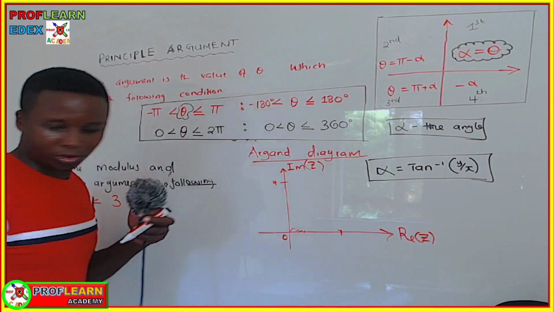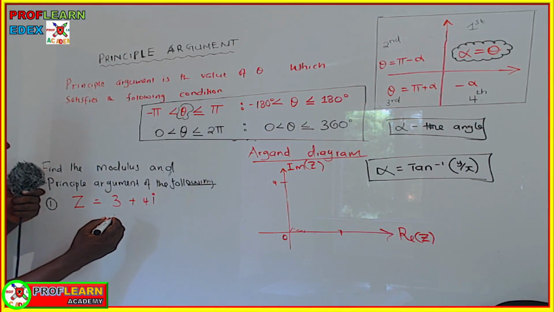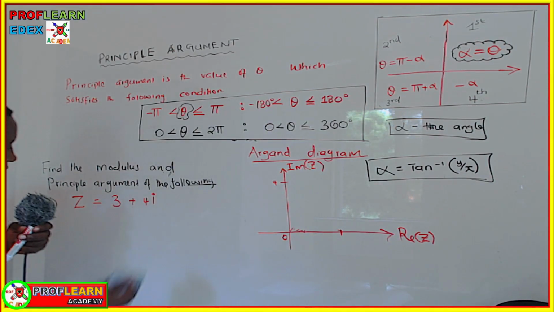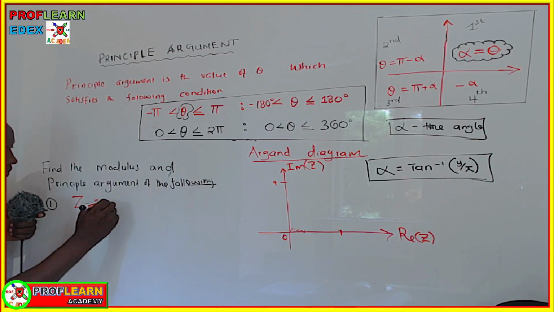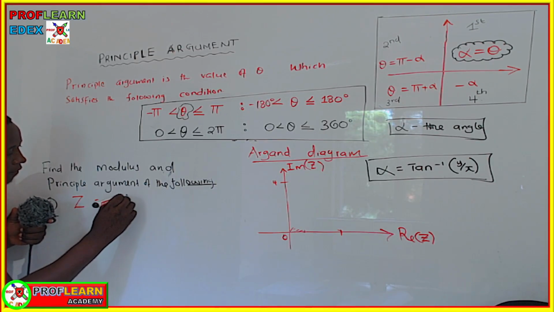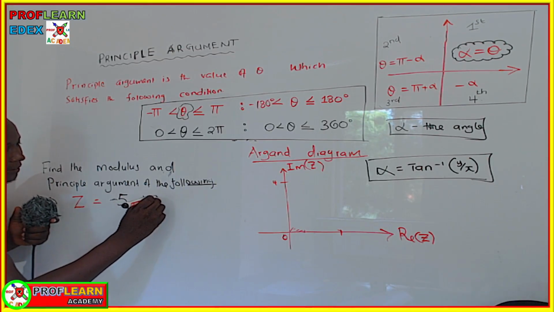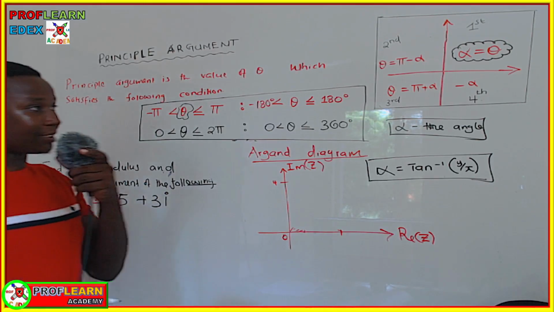We have a complex number z equals minus 5 plus 3i.